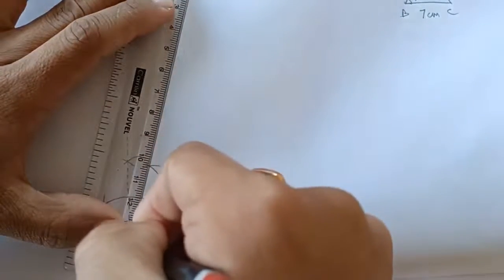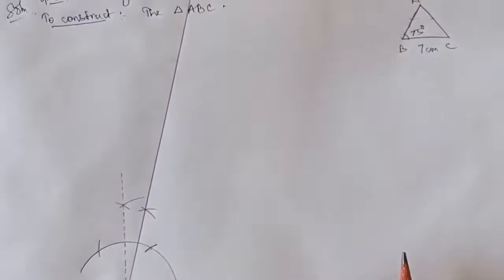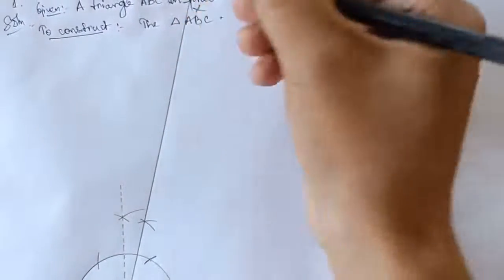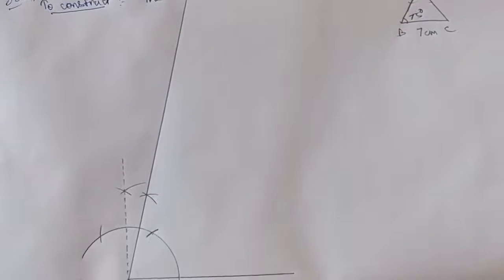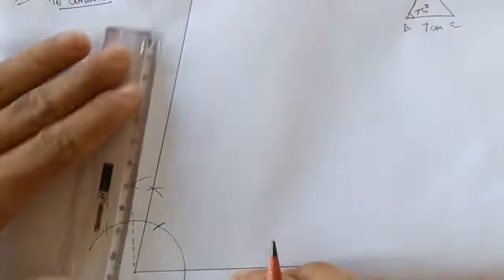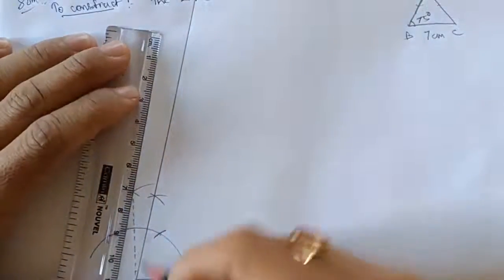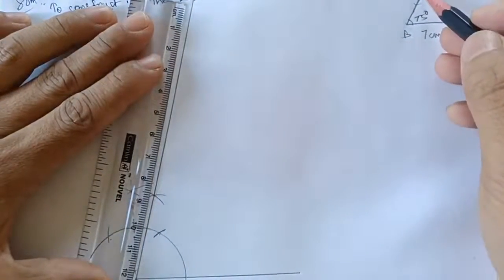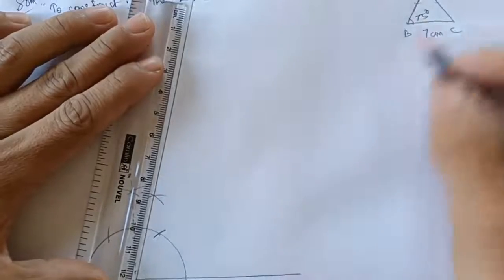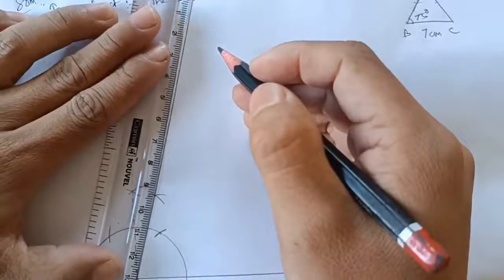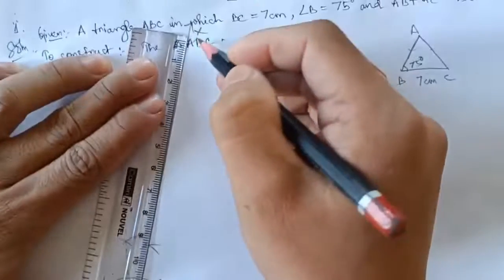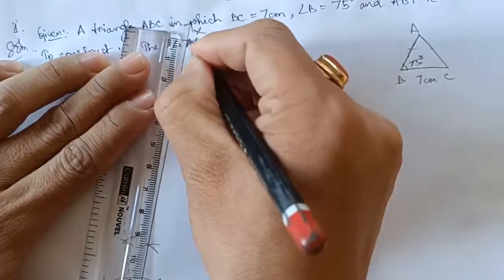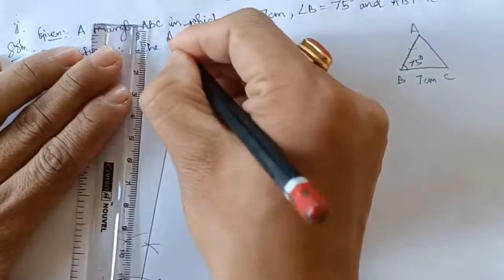Let me name this ray X. Now we are going to mark a point on the ray BX such that AB will be equal to 13 centimeters. So let me mark this point here and name this point as A.